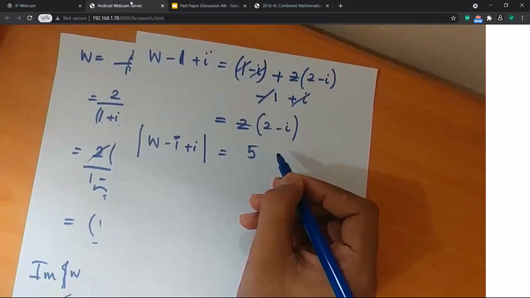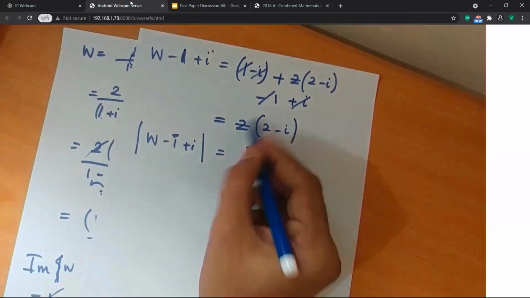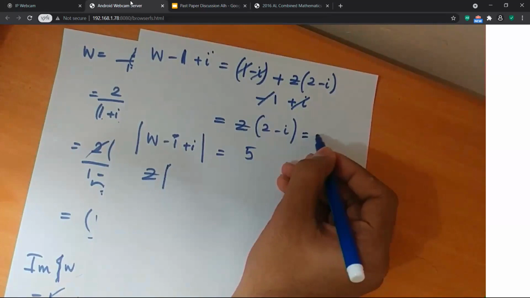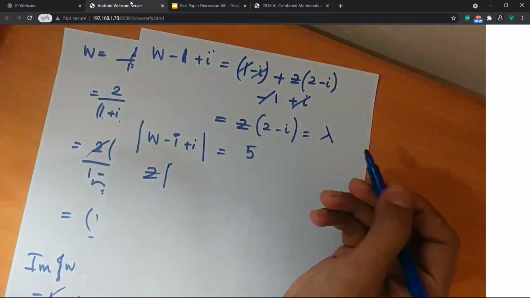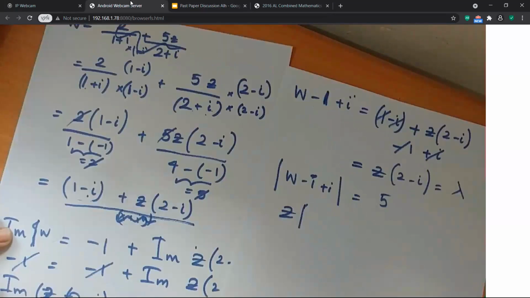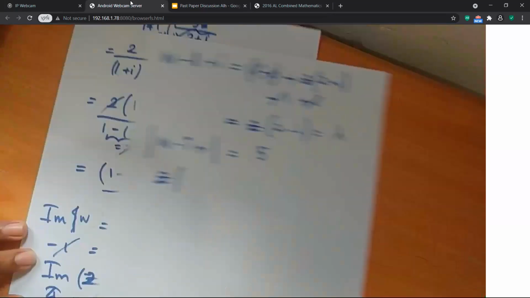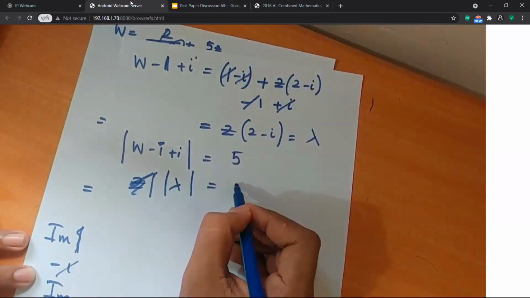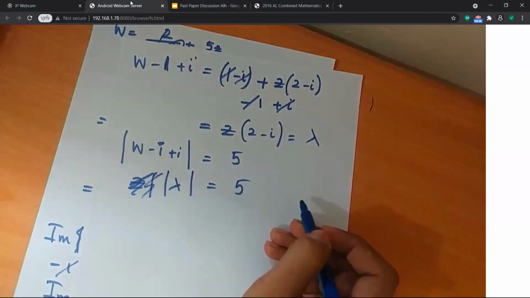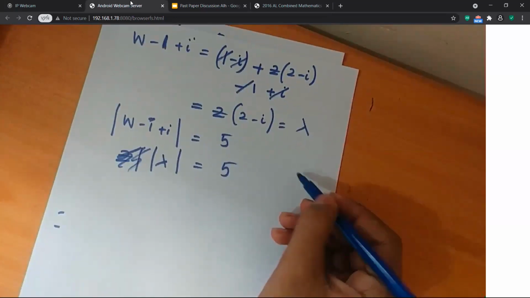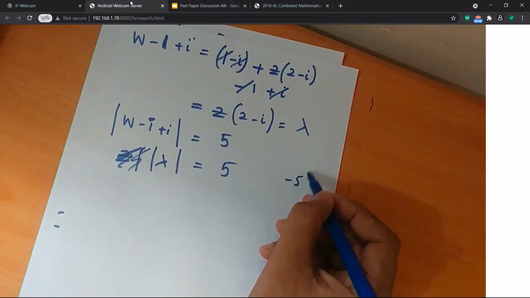So that means the modulus value of z times 2 minus I. What is this? This is just a real number, right? We got it before, lambda. Just put it as lambda, a constant. So we can say that the modulus value of lambda is equal to 5. Now, what do you mean by modulus? It's always the positive value, right? If we have minus 5 and take the modulus, it will become 5.